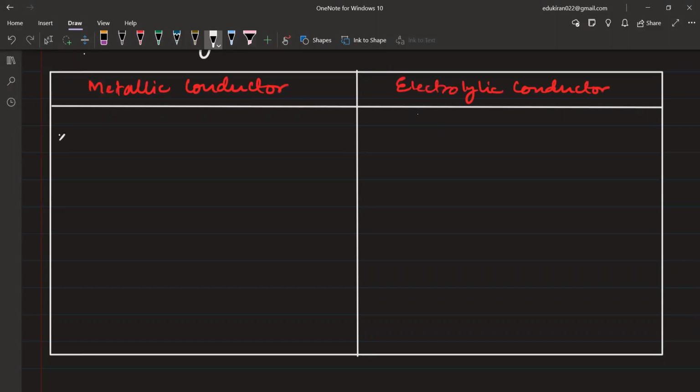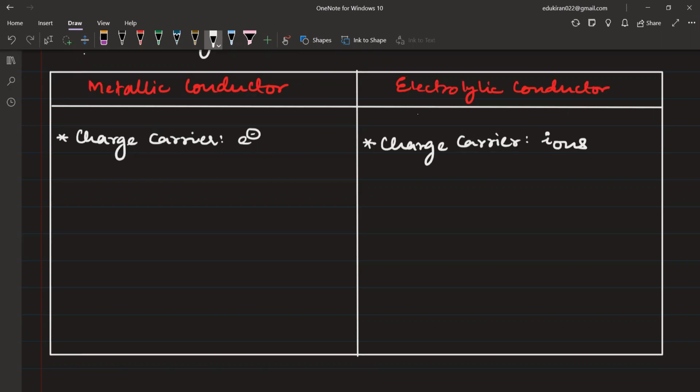Right, number one. In metallic conductor, the charge carriers are electrons, and the charge carriers here are the ions of electrolyte. Zn2+, Cu2+, these are the charge carriers.